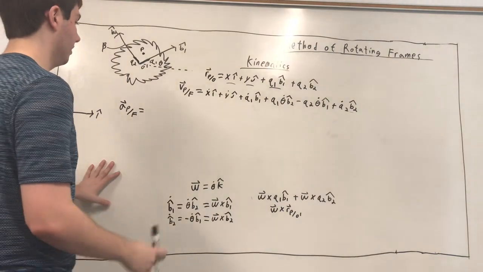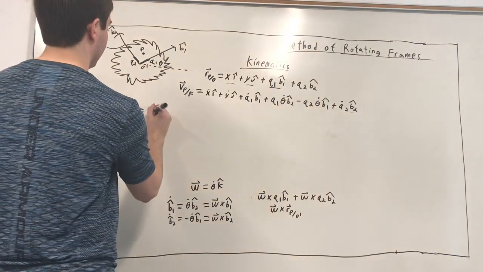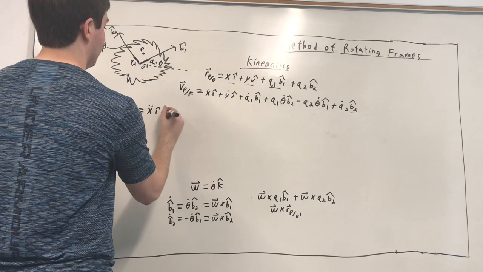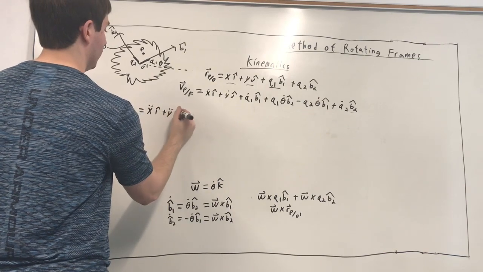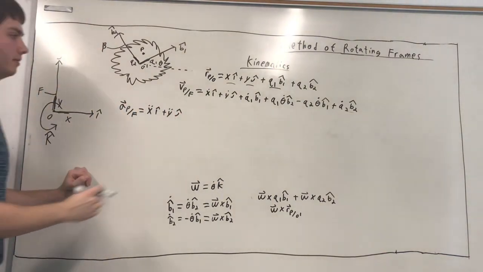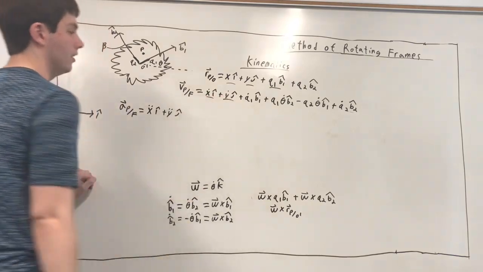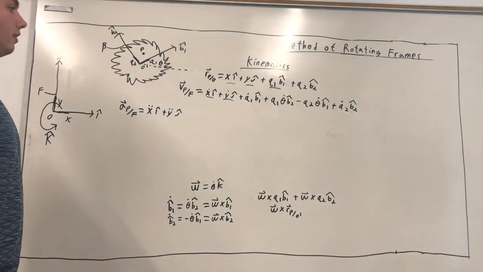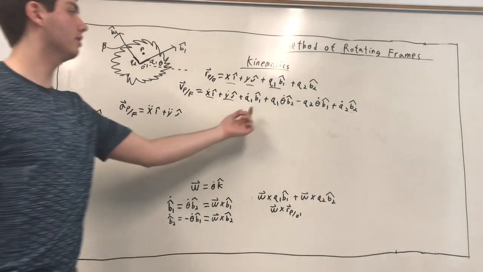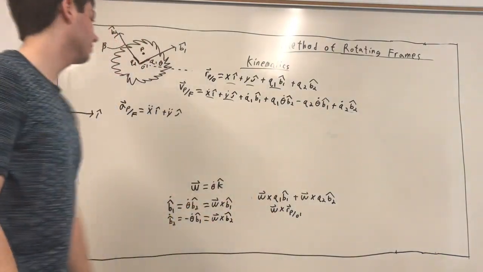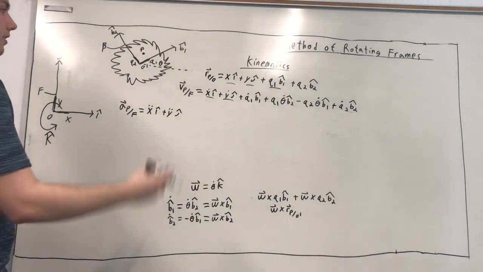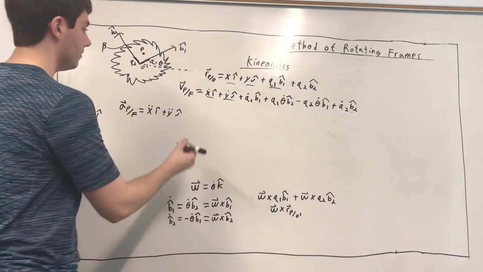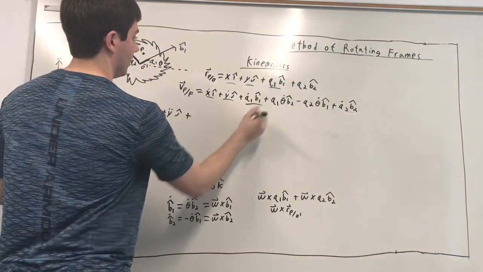So let's see what we got here. We got x double dot i hat plus y double dot j hat. That's just from these two guys. And now things get harder because the unit vectors of the body frame are also changing. So now, let's start with this guy.